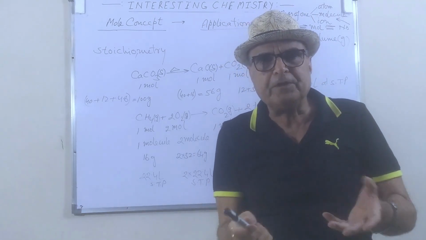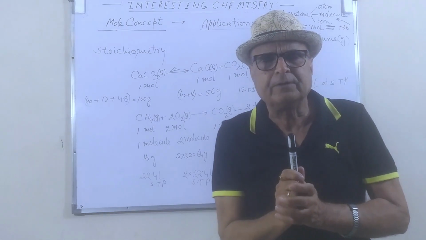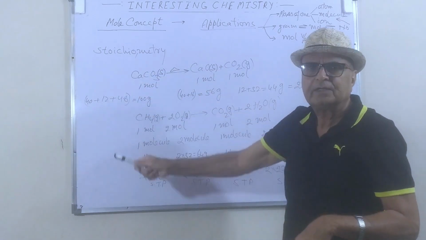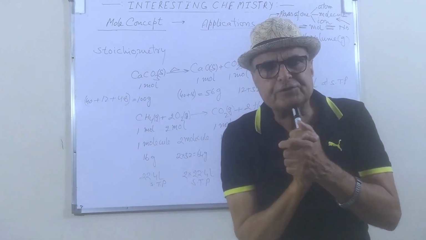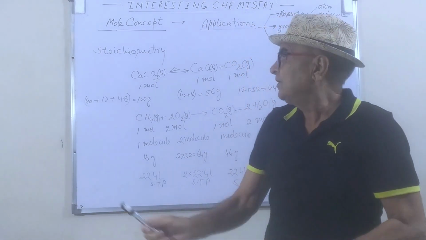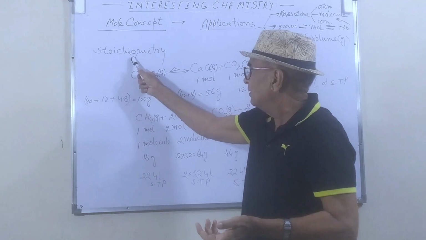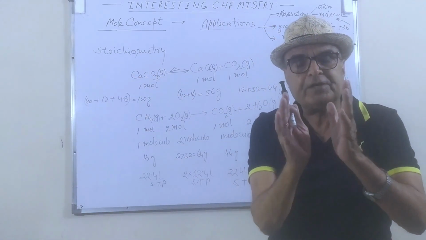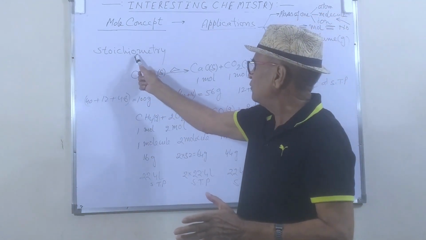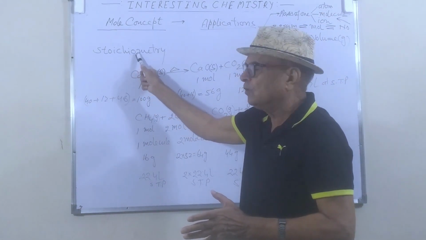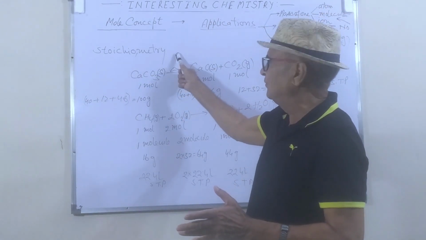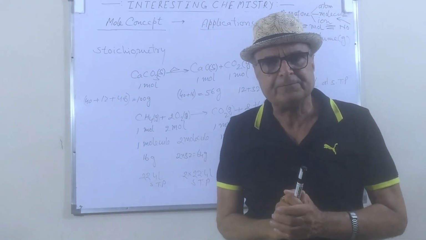Today I am going to explain the most important application of the mole concept, that is stoichiometry. This word stoichiometry is a Greek word made up of two words: stoichion, which means element, and metrion, which means measurement.